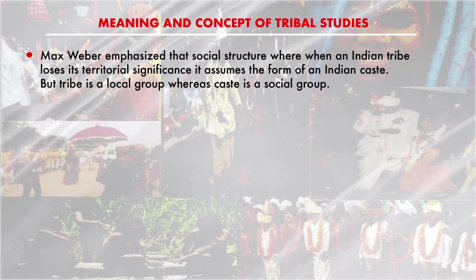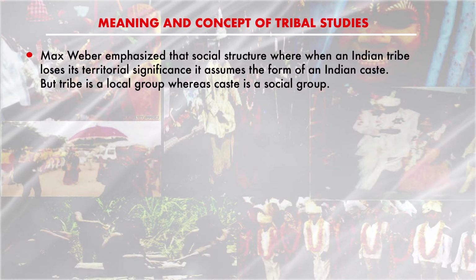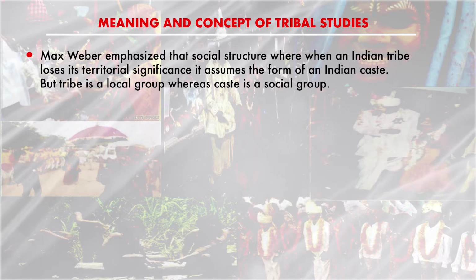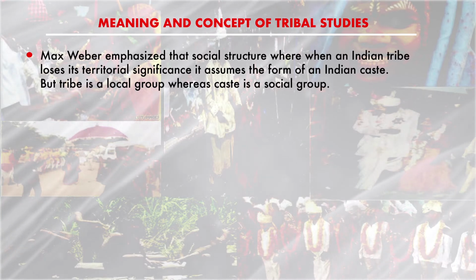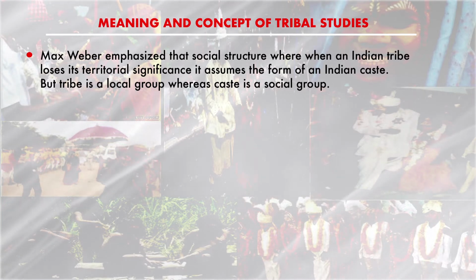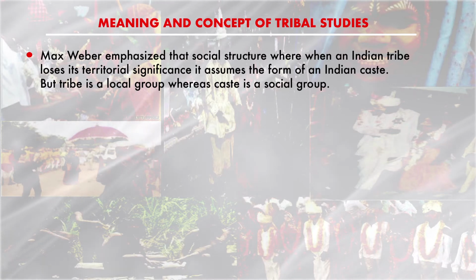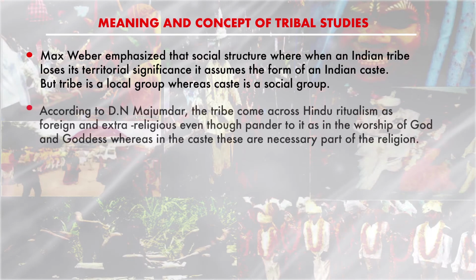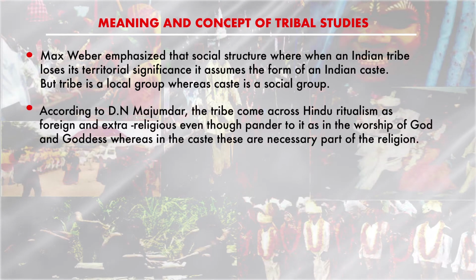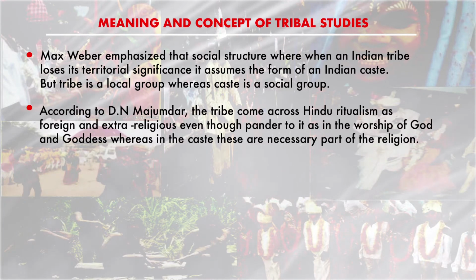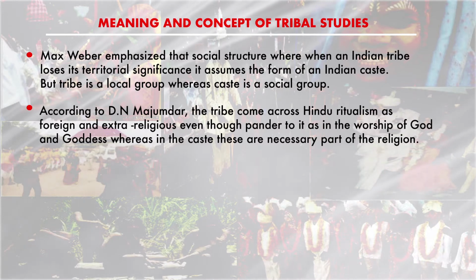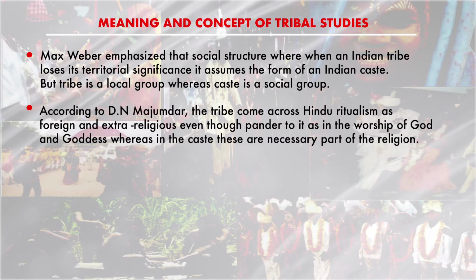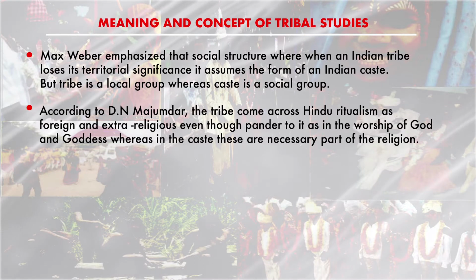Max Weber emphasized that in social structure, when an Indian tribe loses its territorial significance, it assumes the form of an Indian caste, but a tribe is a local group whereas caste is a social group. D. N. Majumdar also says that the tribe come across Hindu ritualism as foreign and extra-religious even though they pander to it, as in the worship of god and goddess, whereas in the caste they are a necessary part of the religion.